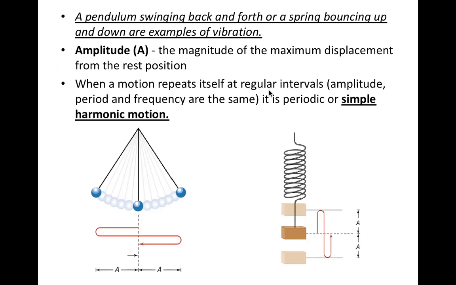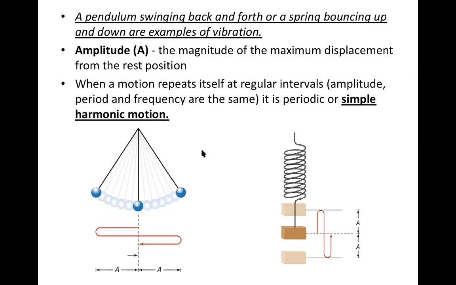When a motion repeats itself at regular intervals, it is periodic or simple harmonic motion. So let's say every time this pendulum goes from the far right to the left and then back, that takes 3 seconds, then it's called simple harmonic motion.